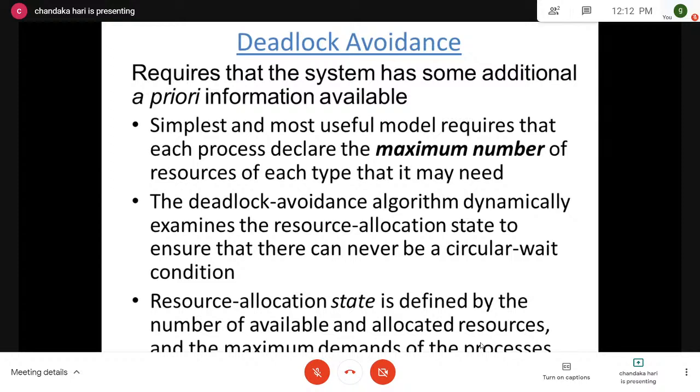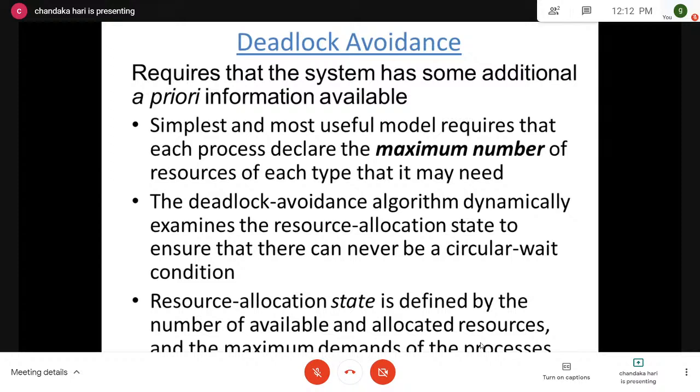Please observe the circular wait condition. Whatever the currently available resources are, you need to define a sequence in such a way that the currently available resources must satisfy any one of the waiting processes.